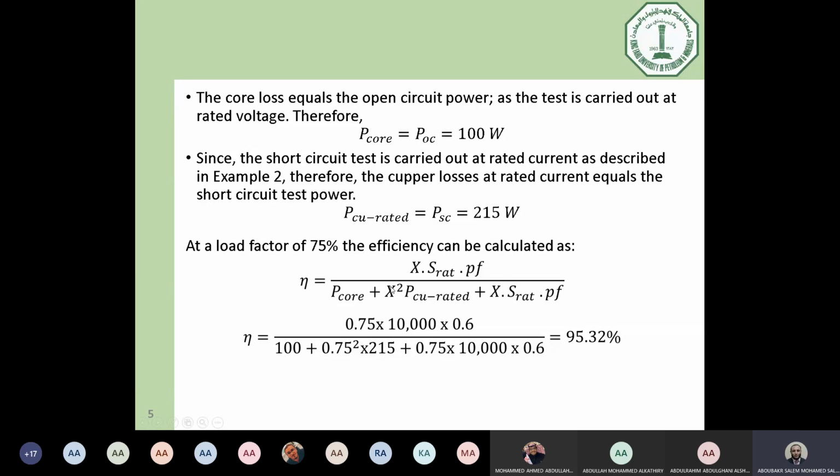So we have to square the value of load factor: X squared, which is 0.75 squared, multiplied by the rated short circuit copper loss, plus the output power. So for now, this is the efficiency, which is 95.3%.